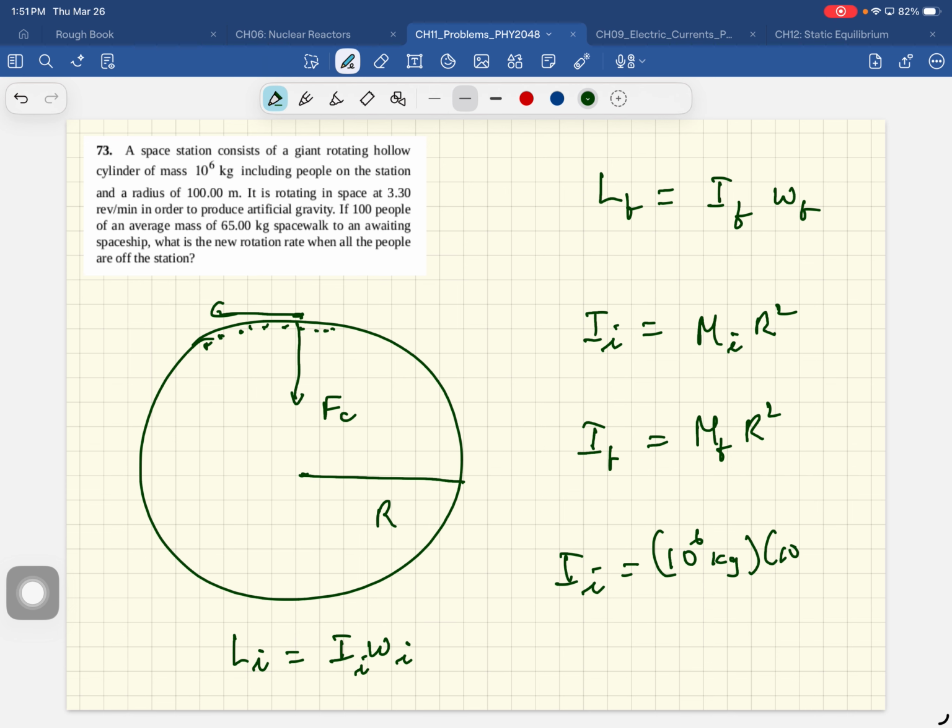And so this is 1 divided by 0.9965 times omega initial.